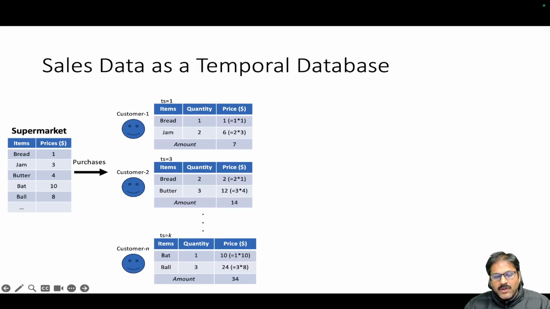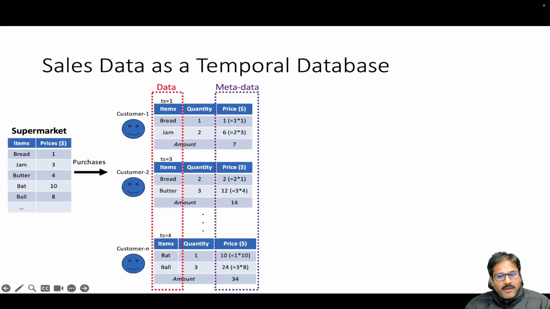If we look at this dataset created by the customers, we have two important components. One is the data component and the other one is the metadata component. In the data component, we basically see what are the items the user has purchased.